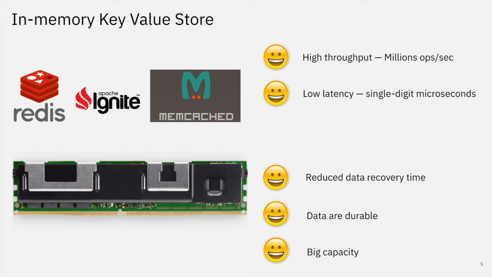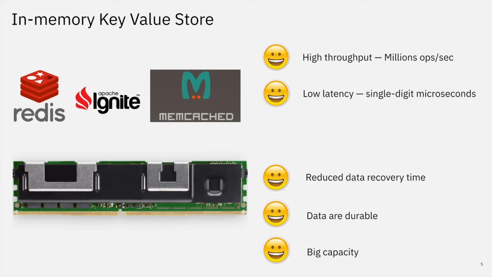Second, when the node restarts after failure, it doesn't need to reload data from the backend storage. Instead, it can perform minimal synchronization and immediately serve with data residing in persistent memory. Lastly, we can afford big capacity for large-scale data centers.